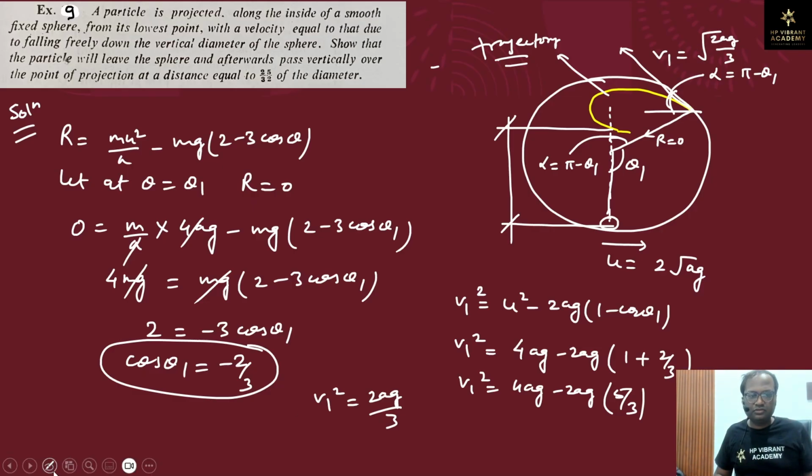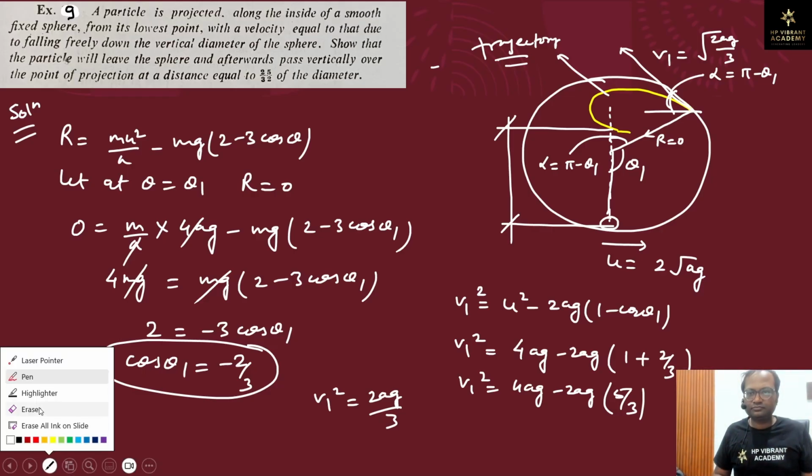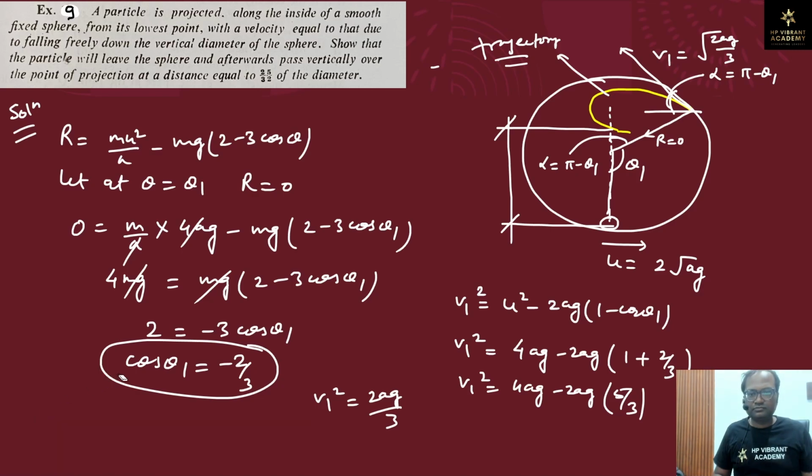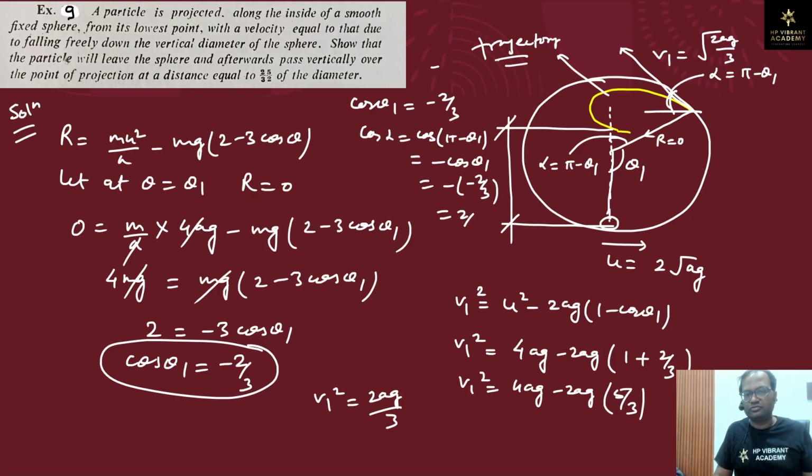Let us find the equation of trajectory. Cos theta 1 is equal to minus 2 upon 3. Cos alpha is equal to cos of (pi minus theta 1), which is equal to minus cos theta 1, which is minus of minus 2 by 3. This is 2 by 3, this is cos alpha.